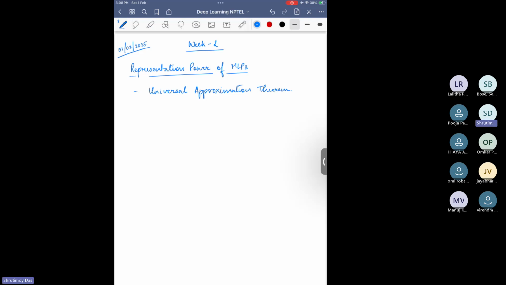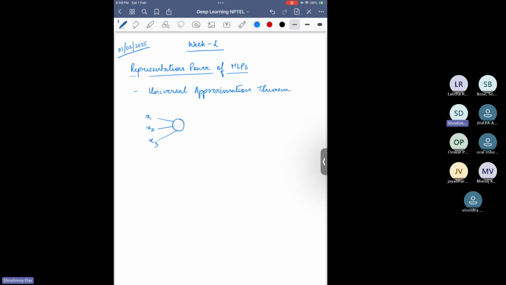When you talk about multi-layer perceptrons, till now you have seen simple perceptrons without any sigmoid activation. Suppose you have three features, x1, x2, x3, and some output y.